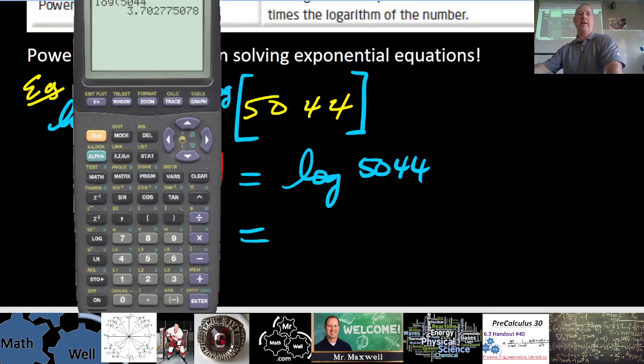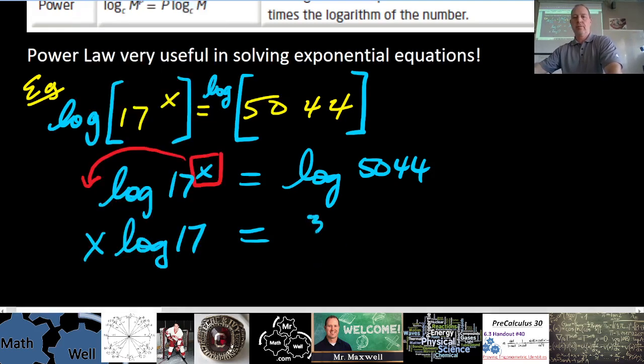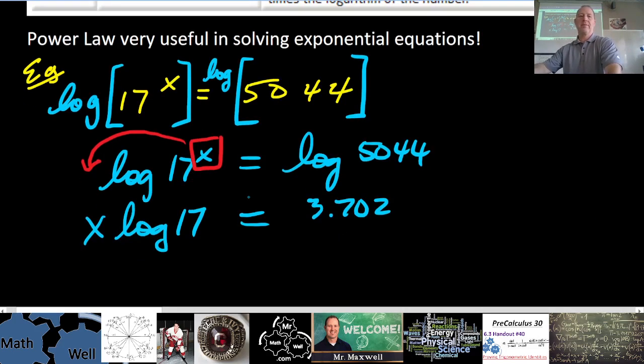3.702, let's say. Okay. Now, notice what's happened here. I can separate the x and the log of 17, which is just a constant. That's a constant now. I can separate them by just regular algebraic means.